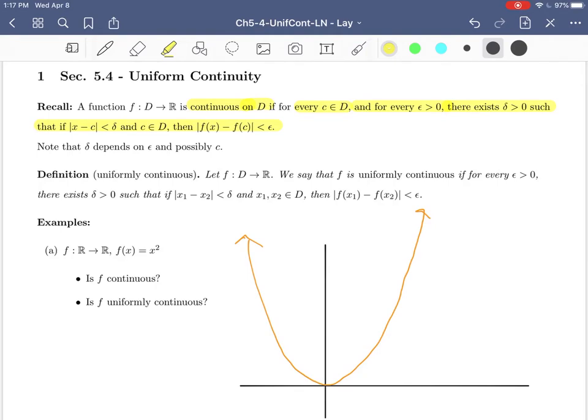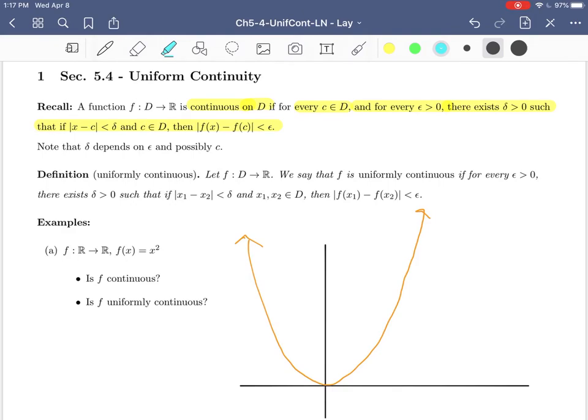So we can look at this idea of uniform continuity, which will be a little bit different. It won't depend on the placement of that point. So let's look at uniform continuity.